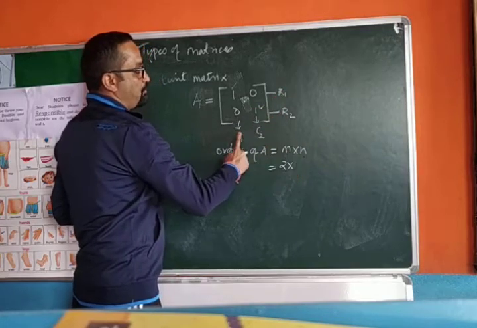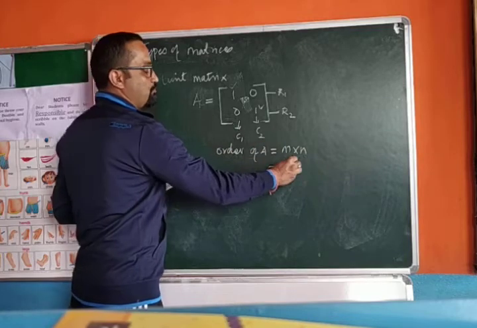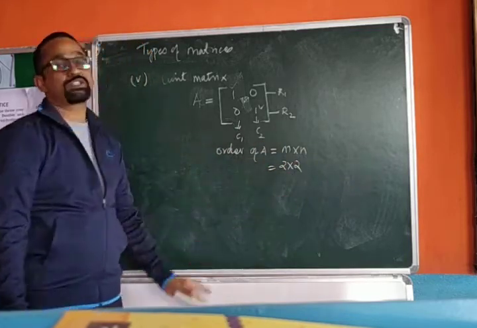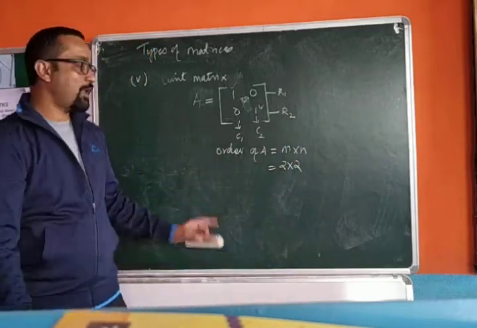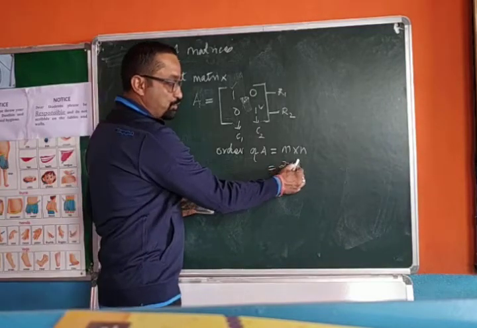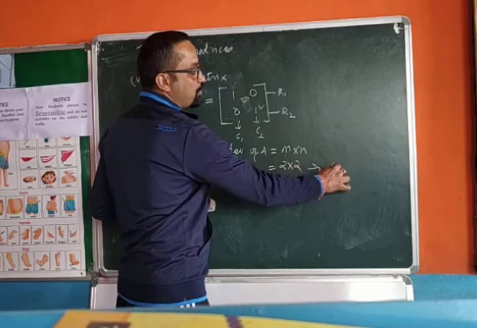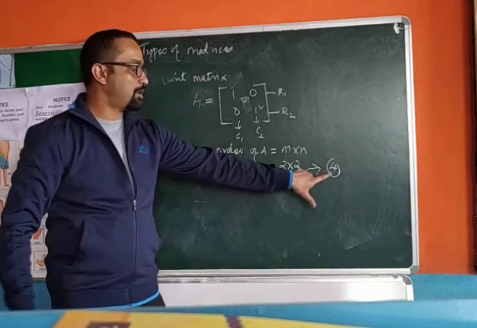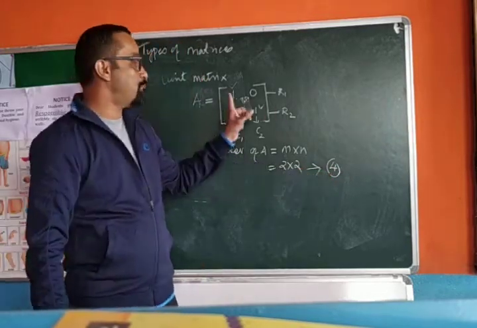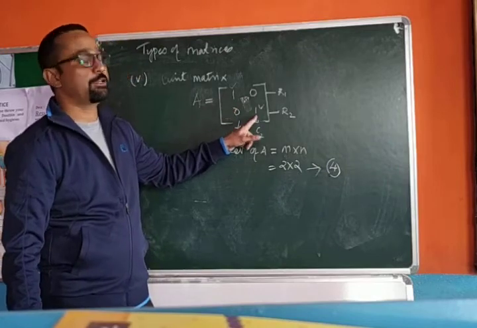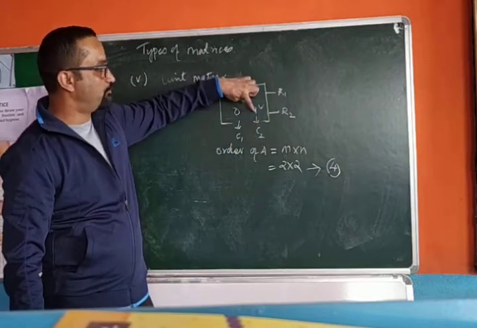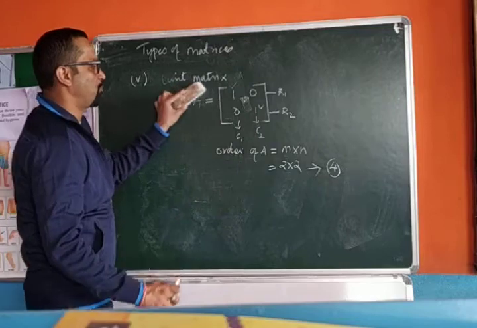N stands for number of columns, 1, 2 columns. Order of this matrix is 2 cross 2. If you multiply these two, 2 multiplied by 2 is 4. This number 4 stands for the number of elements inside the bracket: 1, 2, 3, 4.